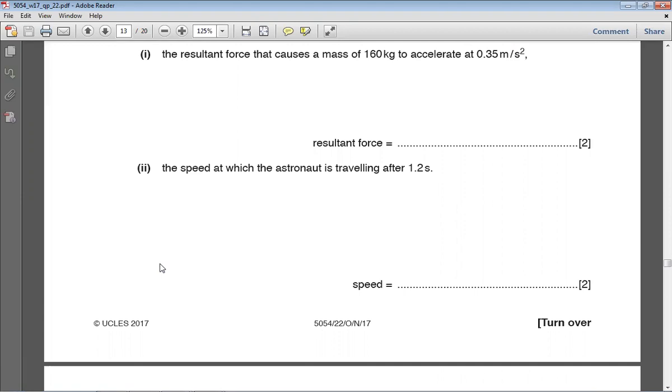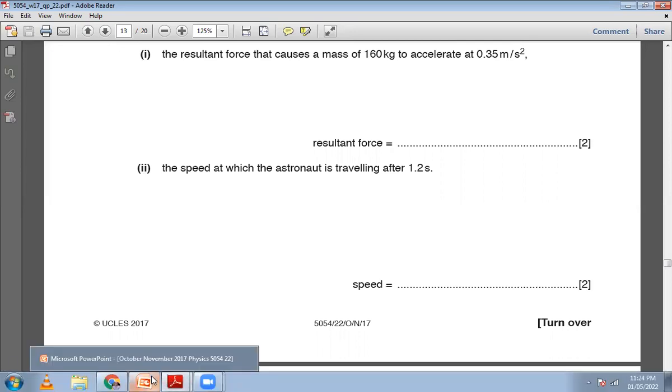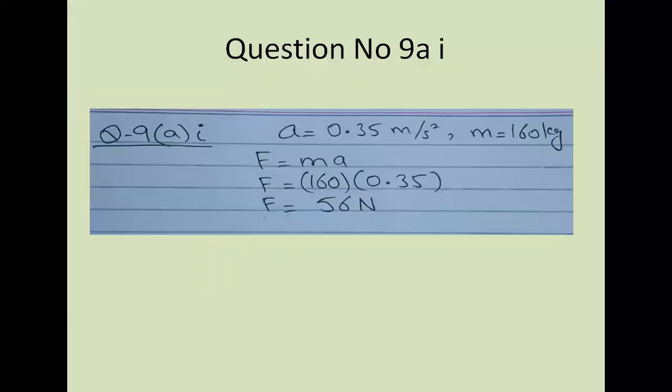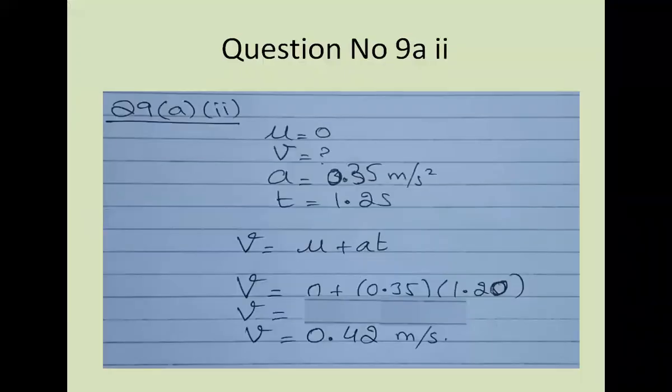Now, you have studied the definition of acceleration, which is a equals v minus u, the whole thing divided by t. From there, we can make v, the final velocity, the subject of the formula. Very easy. The initial velocity is 0, represented with u.